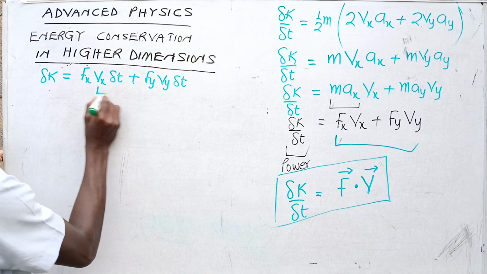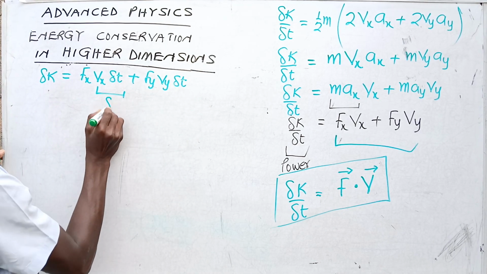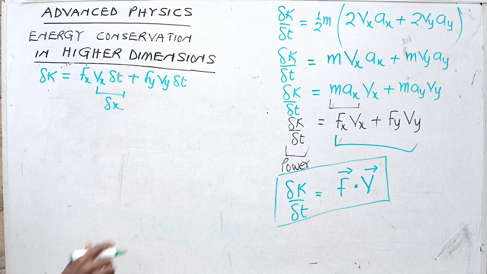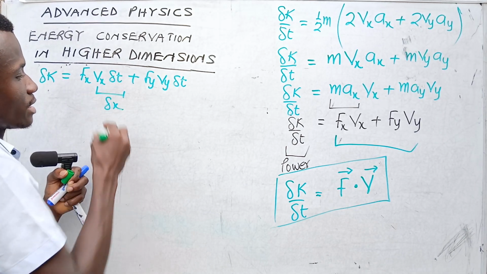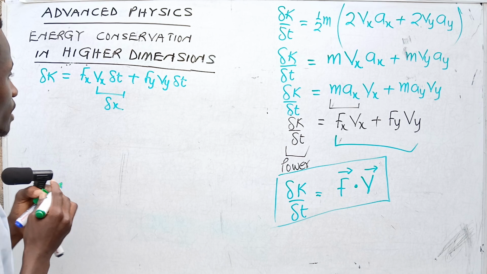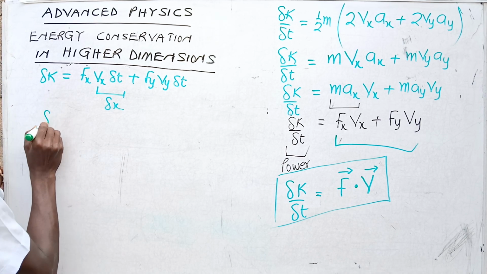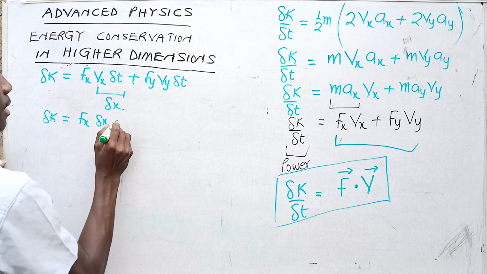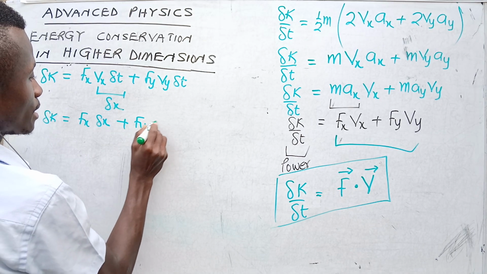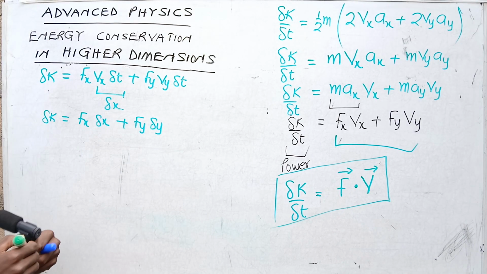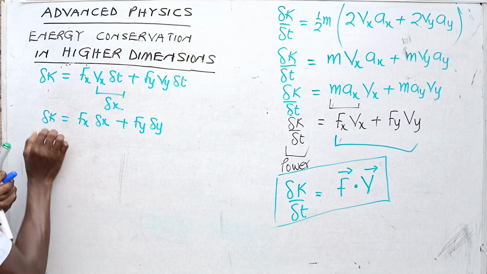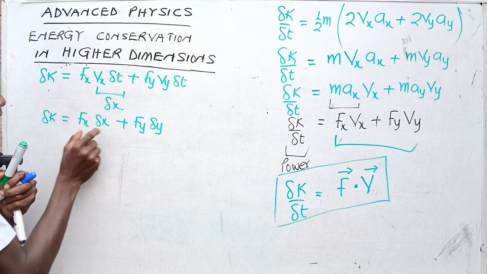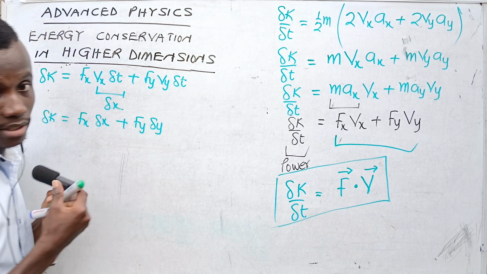Now this quantity vx dt is a dx. Velocity multiplied by a change in time is a displacement. So dK is equal to Fx dx plus Fy dy. So we now see that a little change in kinetic energy is also a dot product.